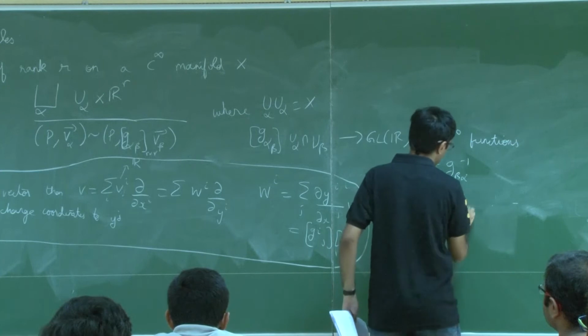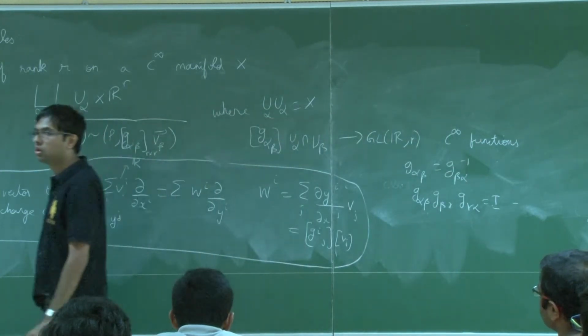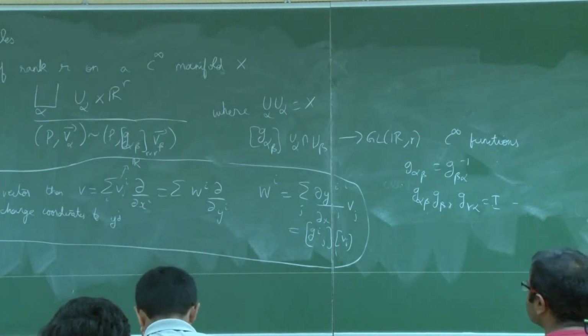This is a vector bundle. It's a direct generalization of the line bundle to higher rank, to higher dimensional vector spaces, right?